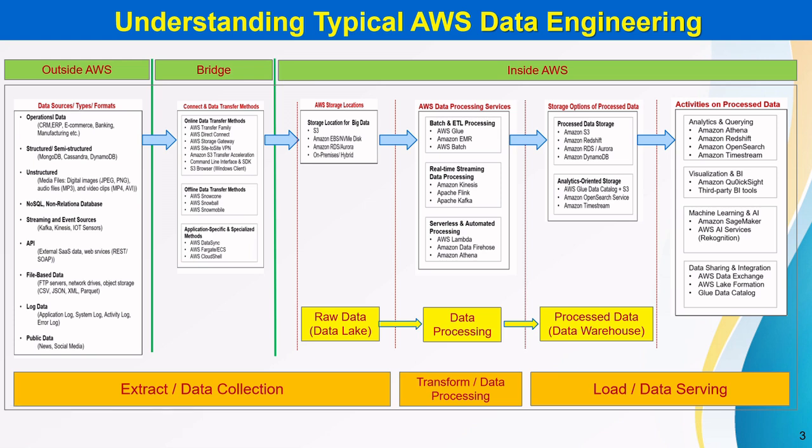Other services like IAM, the notification service SNS, and the monitoring service are all supporting services. The core services are these. And the main activity of data engineering is these three. You must remember: data collection, data processing, data serving.